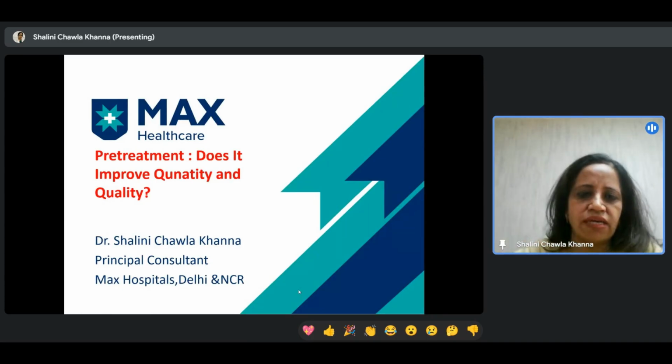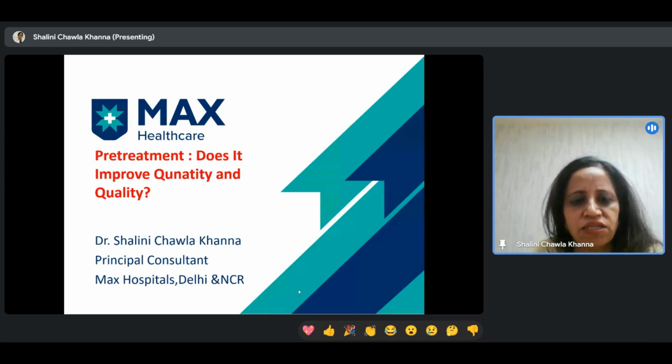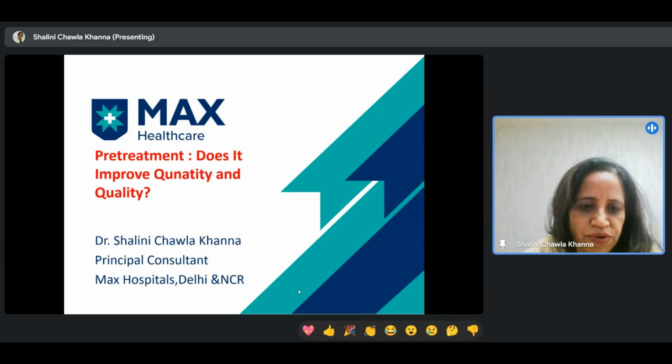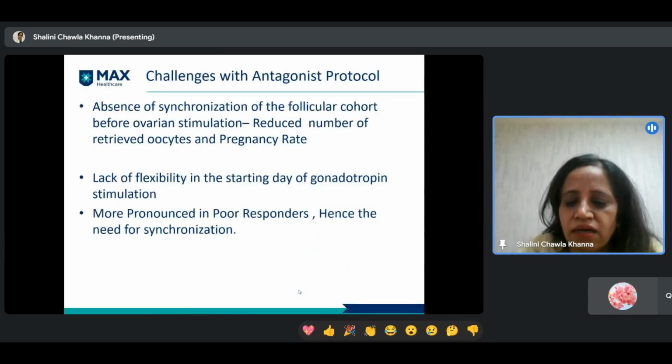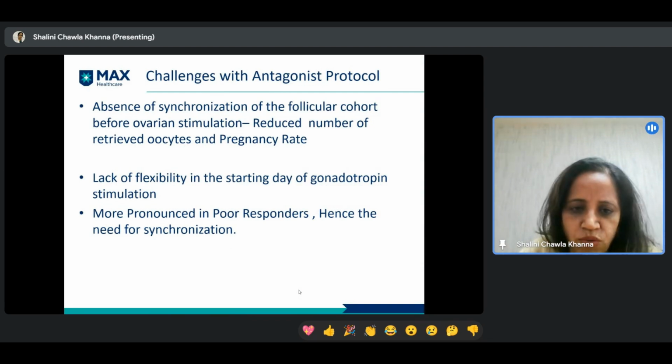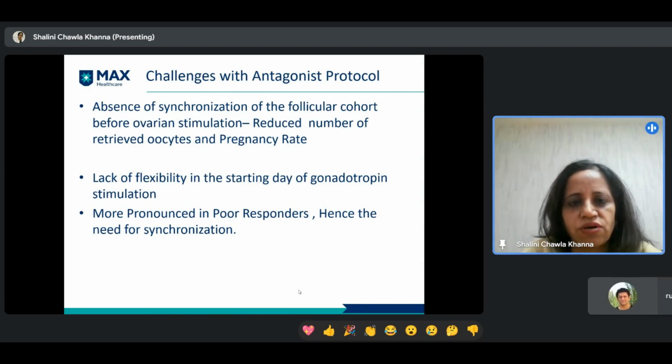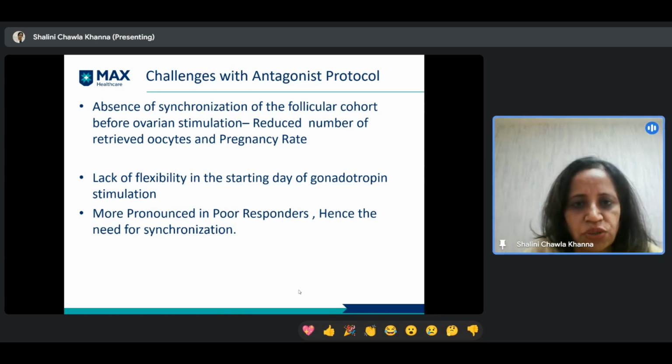The topic for me today is pre-treatment. Does it improve the quantity and quality of eggs or the embryos? So these days, before I begin, Dr. K Sharma sir and Brigadier sir have highlighted very important points: before we take up a patient for IVF, there are certain preliminary tests which need to be done, apart from the routine tests, like the rubella test and especially the thalassemia screening.